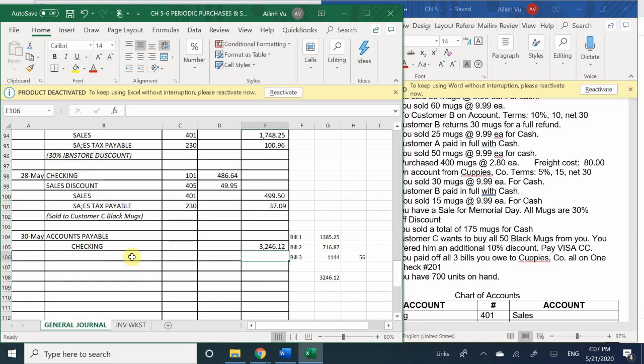3,246.12 is our total cash, the check amount that we're going to write out. Okay. All right. What else do we need to recognize? We need to recognize that we also got a purchase discount.